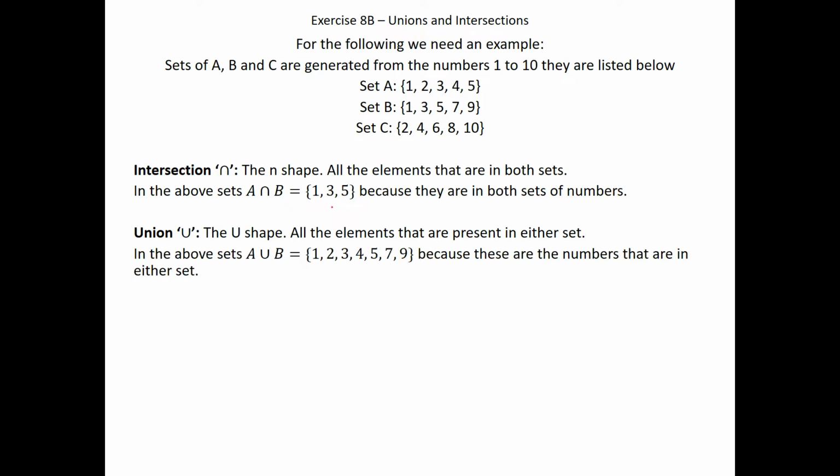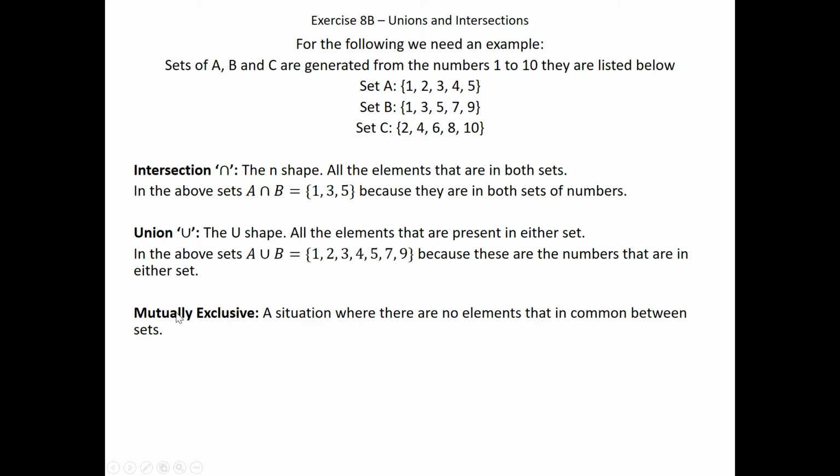The union of A and B is going to be 1, 2, 3, 4, 5, and then any in set B we haven't already said, which is 7 and 9. So it's both. For a check of understanding, check that you could write the union of sets B and C.